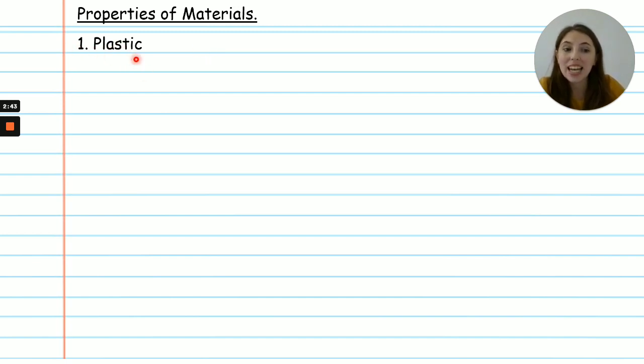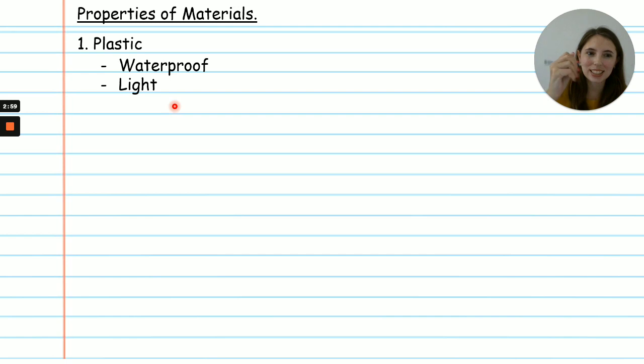And we know plastic has two properties. So we write down plastic and the properties is waterproof and light. So quickly write down with your pencil waterproof and light. Same as Teacher Shanae. Write down.